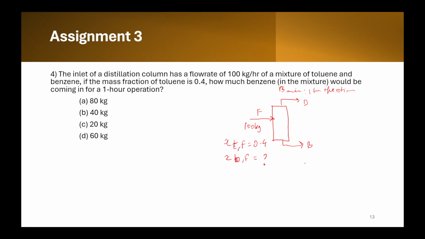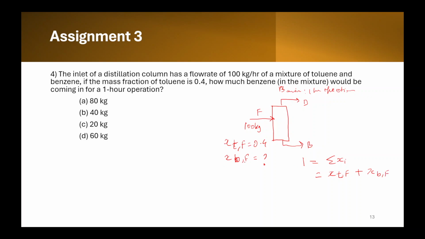We don't really need to do the material balance across the system. This is just the summation of mass fraction. So we know that the summation of the mass fractions of all the components of a mixture gives us 1. There are only two components in the feed, so XTF plus XBF gives us 1.